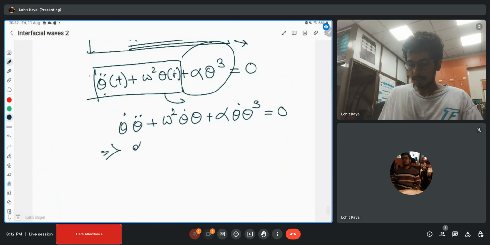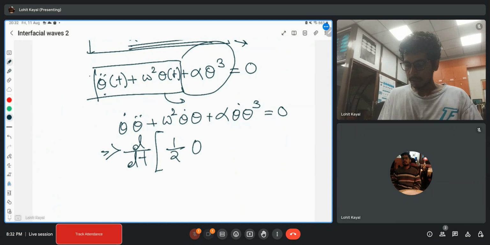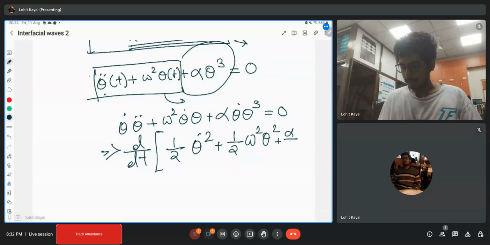So this implies d/dt, writing the total expression inside d/dt, just like the last example: half theta dot square plus half omega square theta square plus alpha by 4 theta to the power 4 equal to 0. Just verify it.